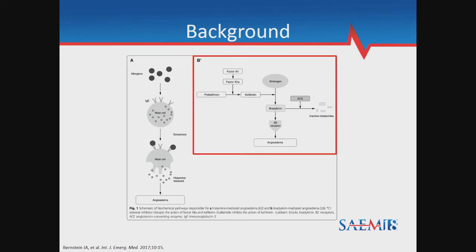Now, this is a system that's not totally understood, but it does involve hormonal aspects as well as the complement system. So as you can see, factor 12 starts the cascade, where we have a conversion of prekallikrein to kallikrein. That then converts kininogen to bradykinin. And so we get the accumulation of bradykinin, and that's what results in the angioedema.